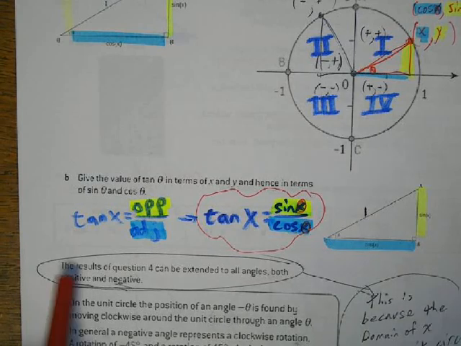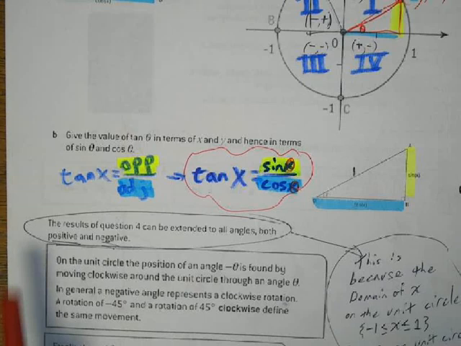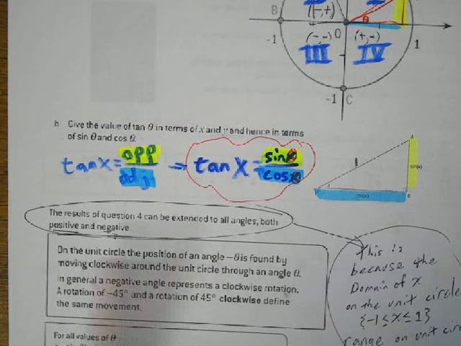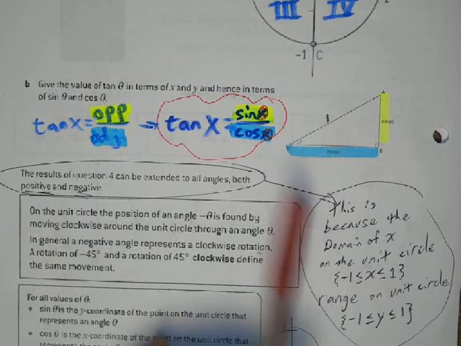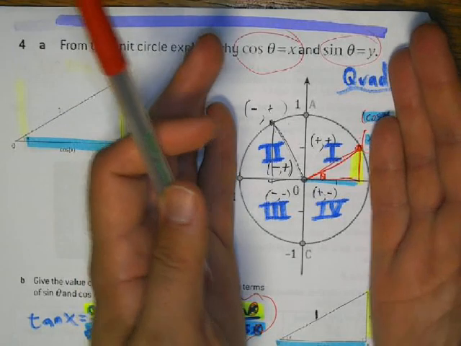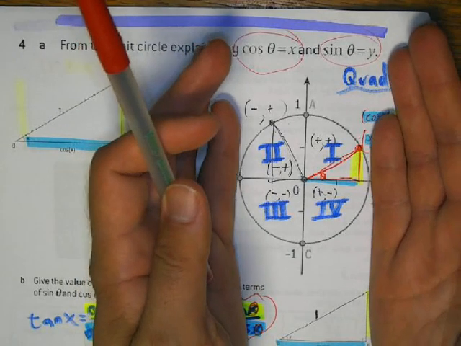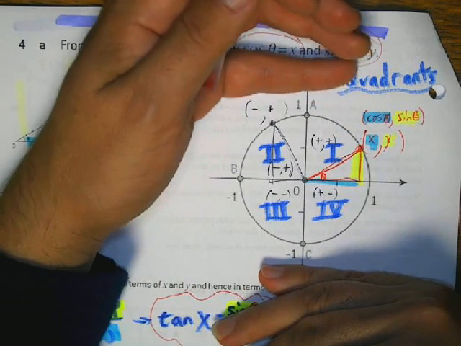The results of the question extend positive and negative. So when it's saying the results are positive and negative, the domain for x is between 1 and negative 1, right? And the range for the y value is between positive 1 and negative 1.